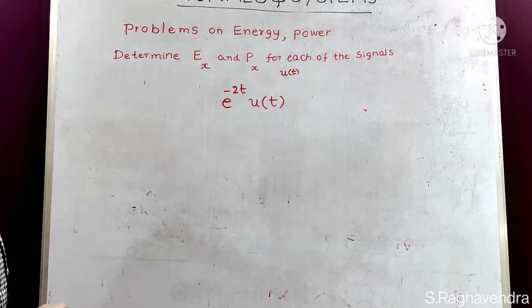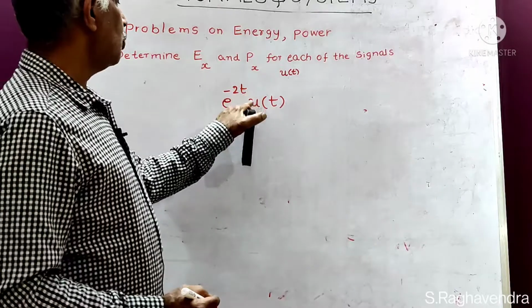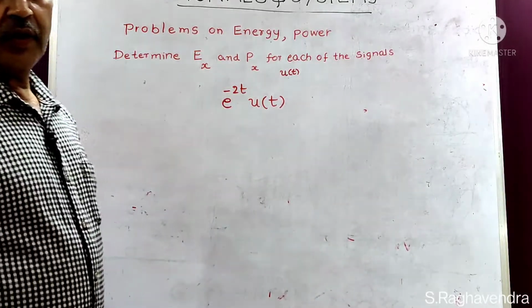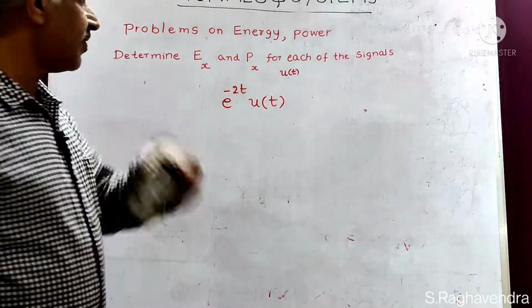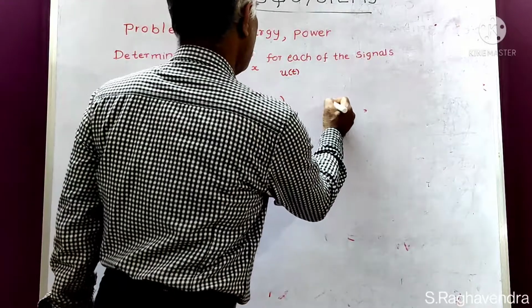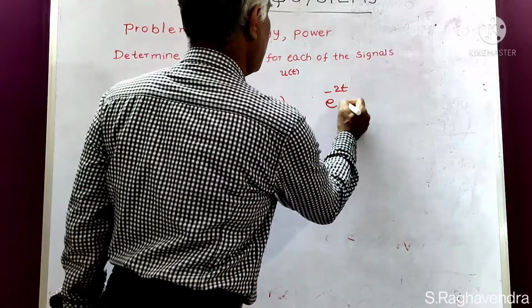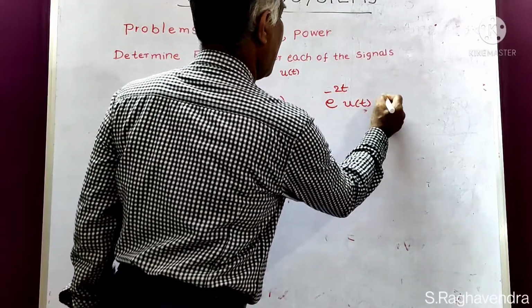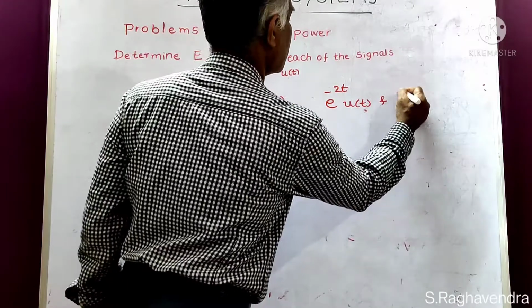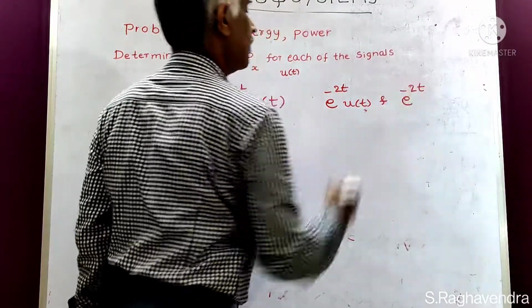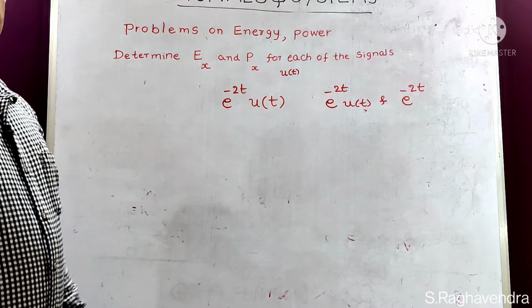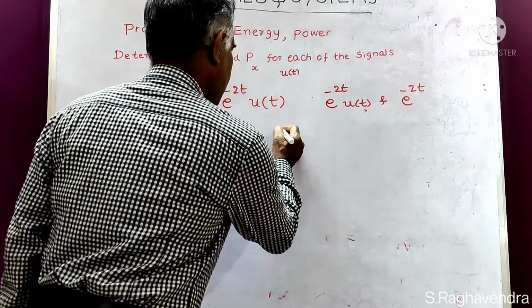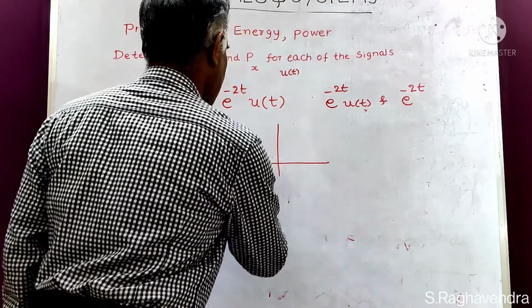Second problem: e power minus 2t u(t). See, there is a difference between e power minus 2t u(t) and simply e power minus 2t. e power minus 2t is like this.